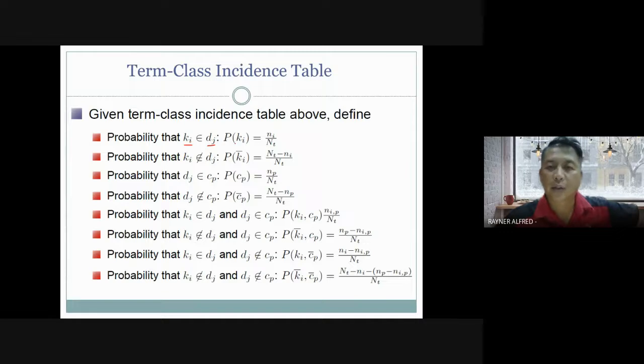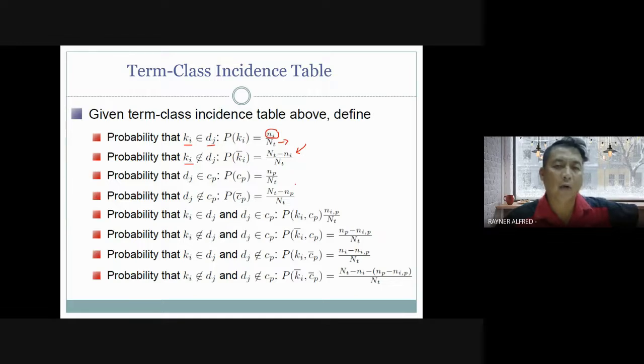In this case, we are looking at all the documents that have keyword I over the total number of documents that we have. The probability that we have a document not containing keyword I, we just subtract.